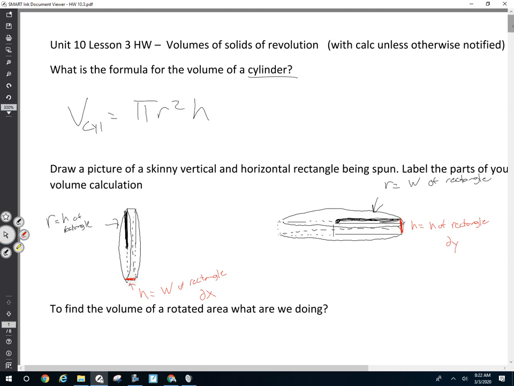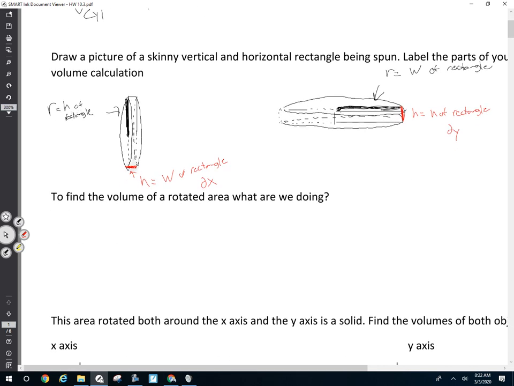Okay? To find the volume of a rotated area, we are going to take an infinite sum either from left to right of pi r squared h's. For this situation, h is dx, and r is my top minus my bottom.